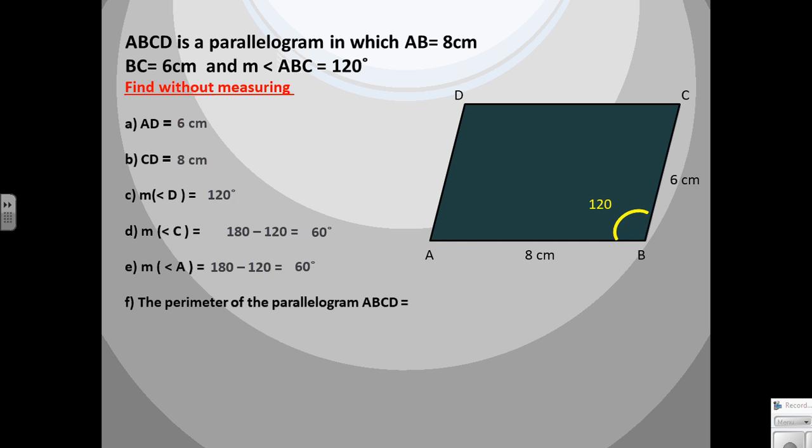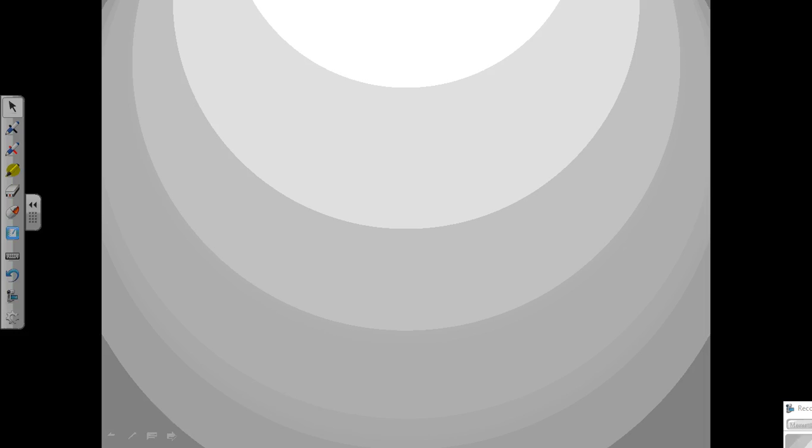Of course, perimeter means the sum of all sides. And as we know, each two opposite sides are equal. So the perimeter of the parallelogram is length plus width times 2. So it will be 8 plus 6 times 2. The answer will be 28 centimeters, and don't forget to write centimeters. Okay.